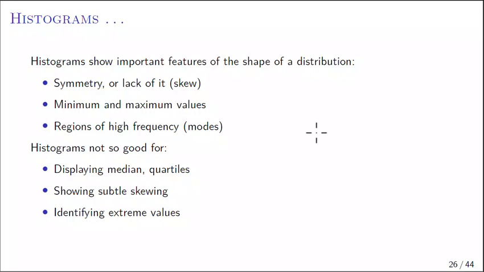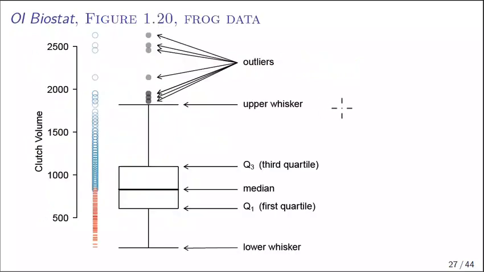And it doesn't show precisely the skewness or extreme values. What we can do is use the so-called box plot. The box plot has a box right here in the middle.